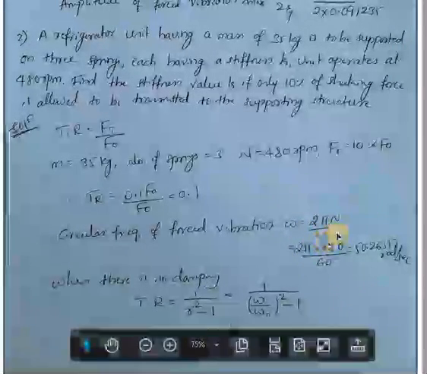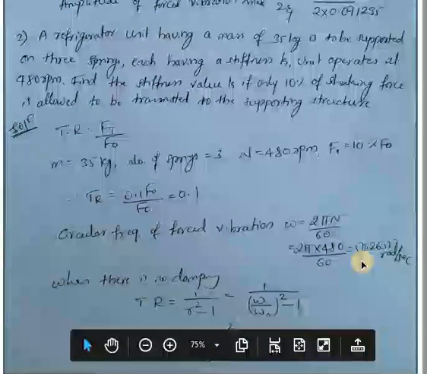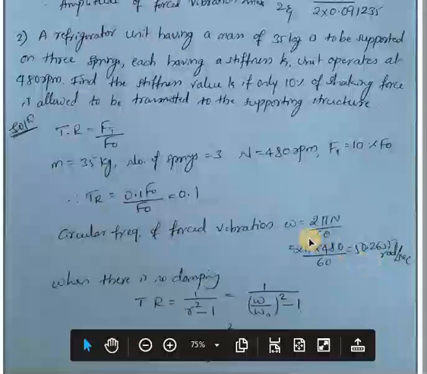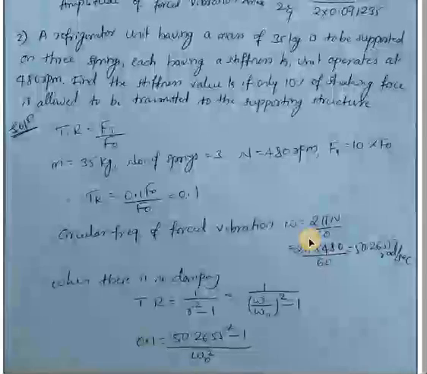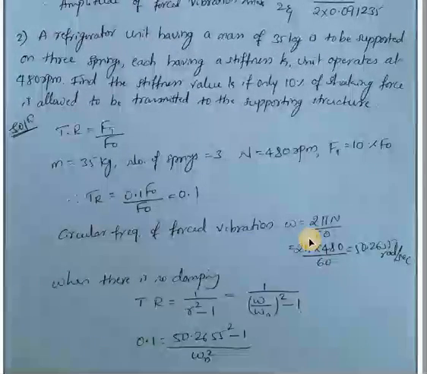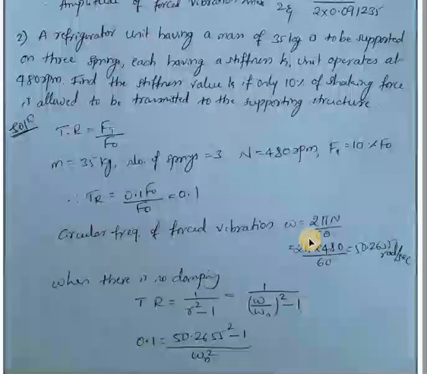So if you substitute n as 480 rpm, you will get omega as 50.2655 radian per second. Since he has not given any information about damping, we can treat it as no damping. That means we take zeta as 0 in this case.